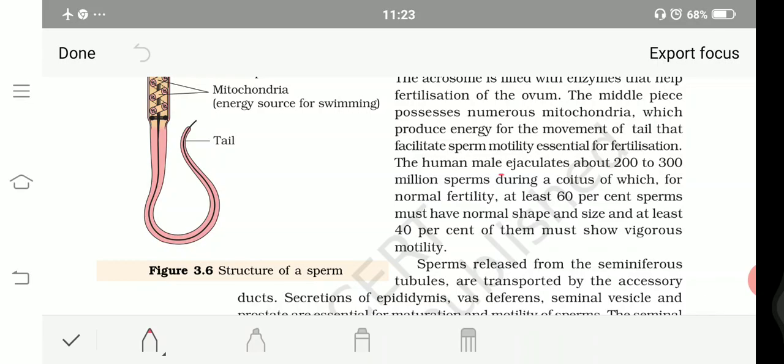One is ejaculation. The second is movement, or you can say coitus. Although both have the same meaning. Coitus, ejaculation: these are similar words which explain that whenever the sperms are released, they are not released as they look inside the microscope.